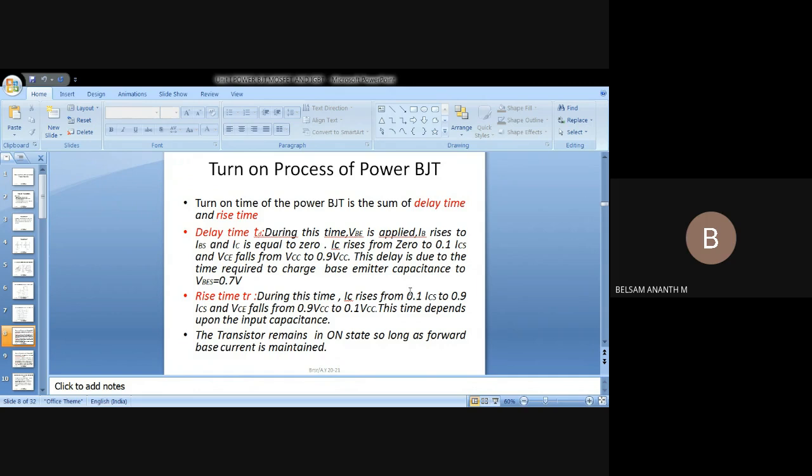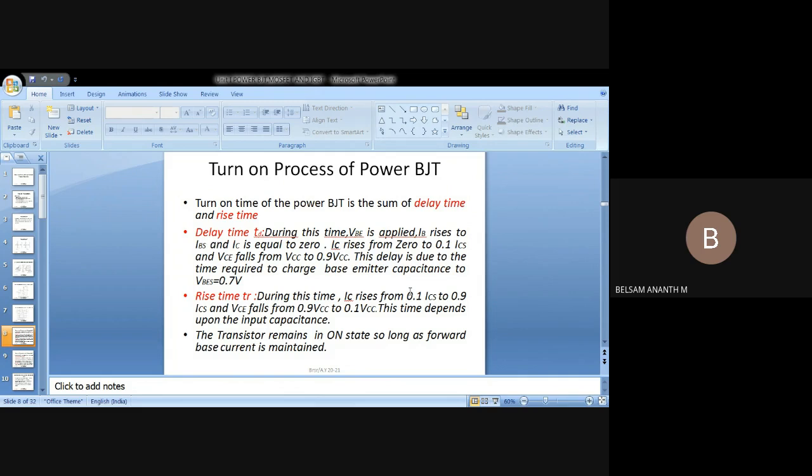The second one is rise time, TR indicates rise time, and TD is the delay time. In the earlier delay time, the collector current rises from 0 to 0.1, and at the same time the collector emitter voltage falls from 1 to 0.9 VCC.